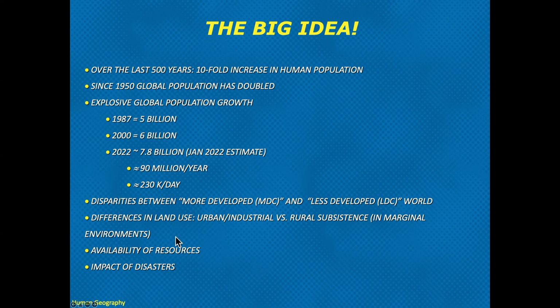So it really talks about, what are the differences in land use, urban versus industrial, rural versus non-rural, or the idea of city versus the countryside, if you want to simplify it even more. What about the availability of resources, impact of disasters, and frankly, you should add climate change to this as well, because there is a tie in there somewhere to climate change as a function of usage by the people in the particular area.